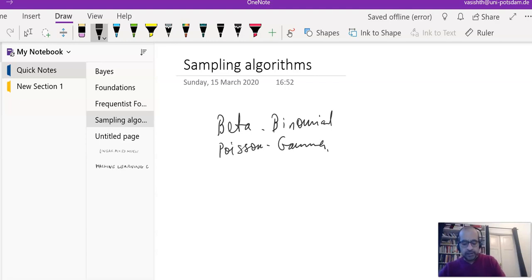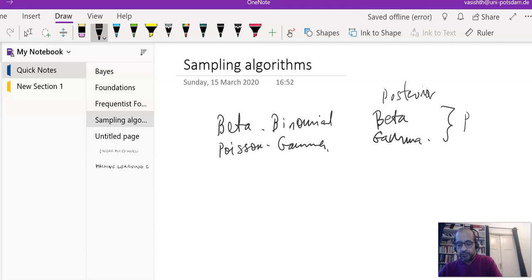In each of these cases, the posterior of the theta parameter in the binomial and the theta parameter in the gamma always had an analytical form. That form in the beta binomial was a beta distribution, and in the Poisson gamma, that analytical form was a gamma distribution.